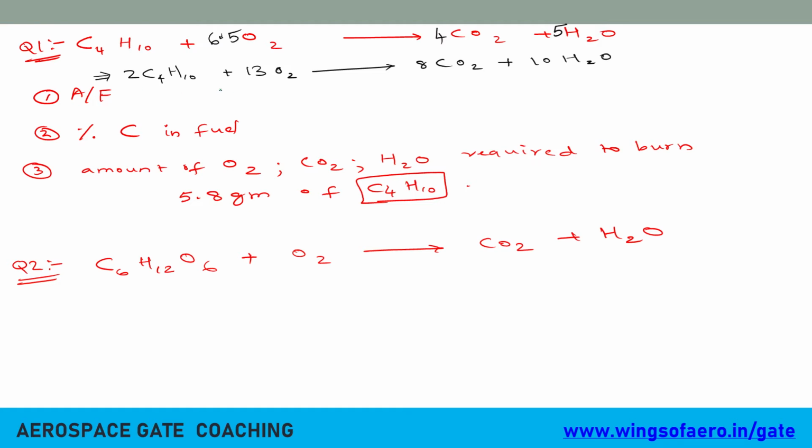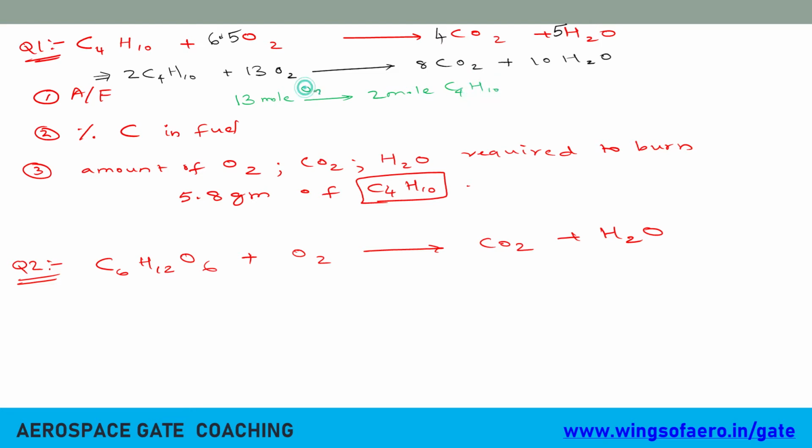Now what I can express from this equation, I can say for complete combustion we need 13 moles of oxygen to make a complete combustion of 2 moles of C4H10.